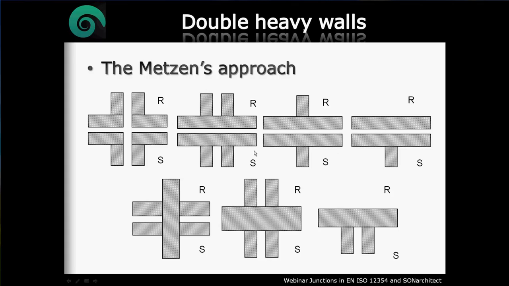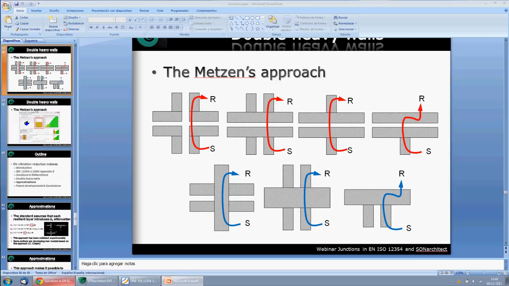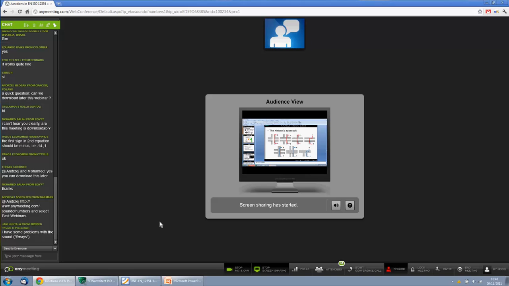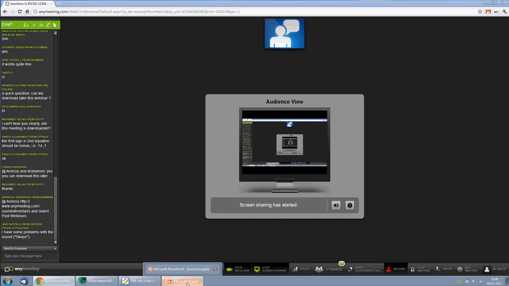I don't know if this is the... Yeah, can all you hear us? Are you following us? We are asking which row can be modeled with the Nexen approach and which one doesn't.